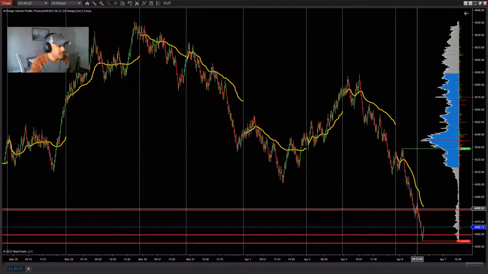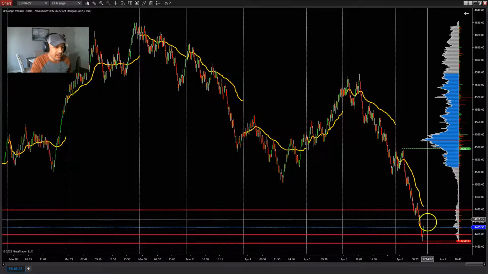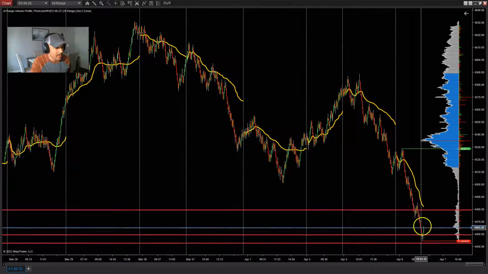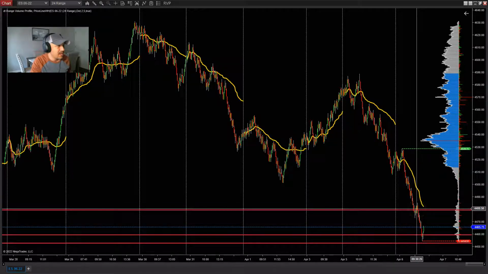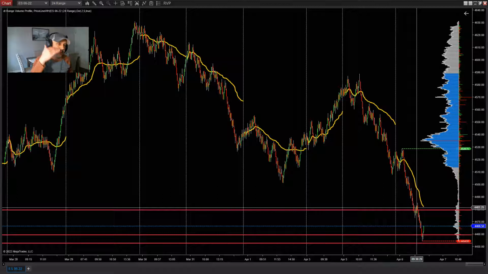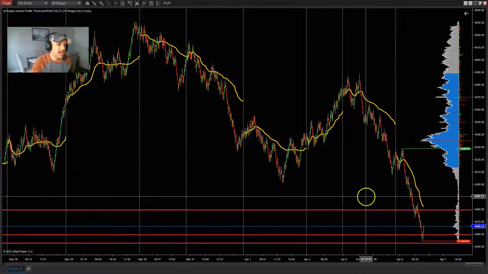Price is higher, so you have a better chance of a selling opportunity. The probability is higher that price will reject out of this area and then push lower. So the pullback retracement to this area, not here. I want to get in when the price is higher if I'm looking to sell, and when the price is lower when I'm looking to buy.